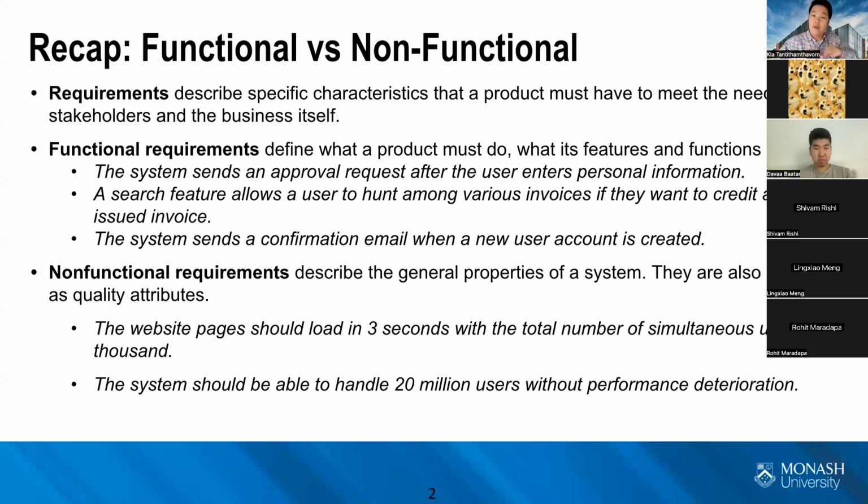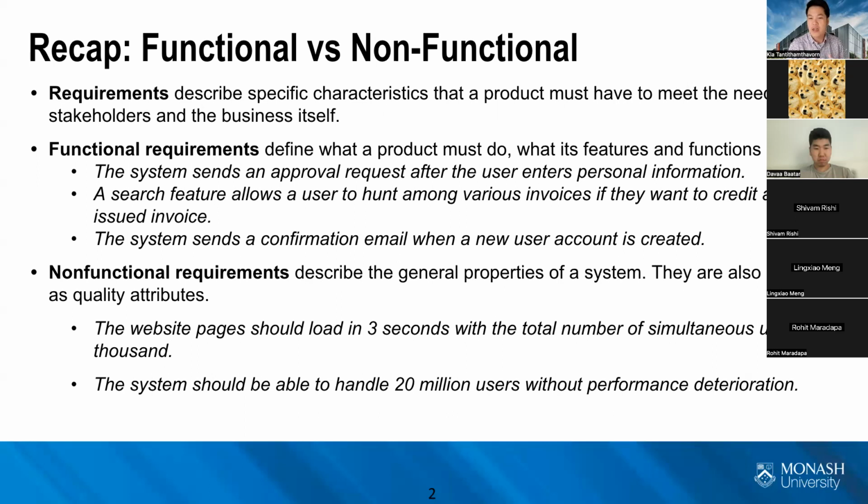But when we look at the general properties of the software system, that becomes a non-functional requirement. For example, the website, the whole thing: the website should finish loading within 3 seconds, and can handle up to 5,000 user load.